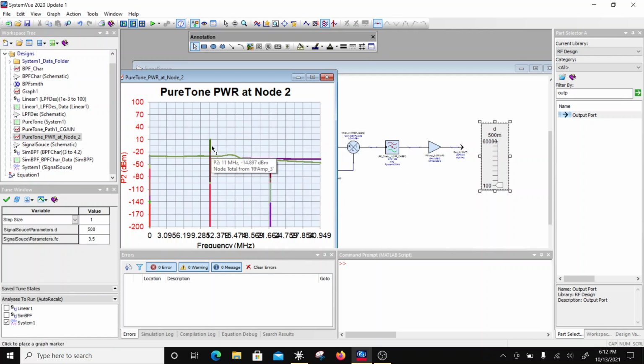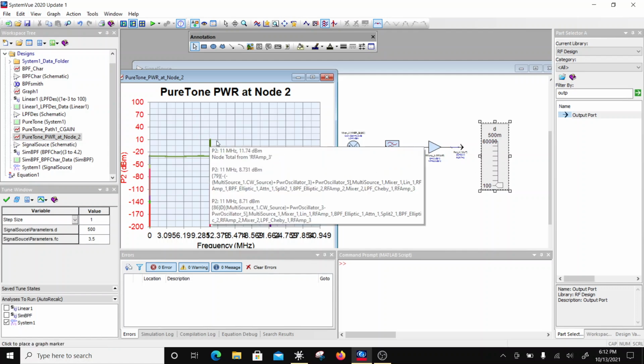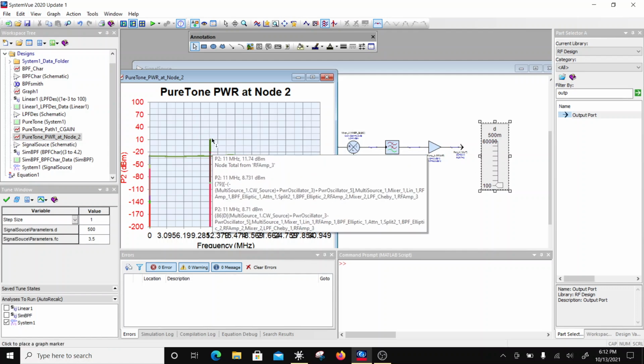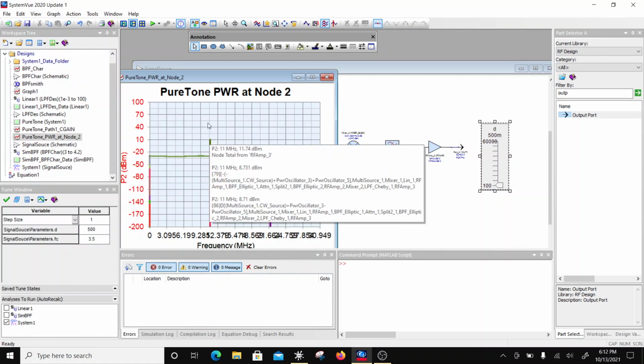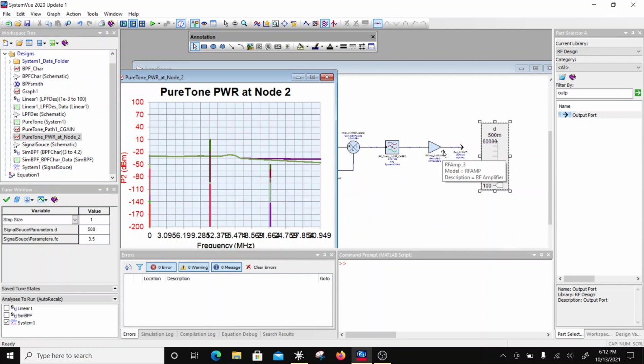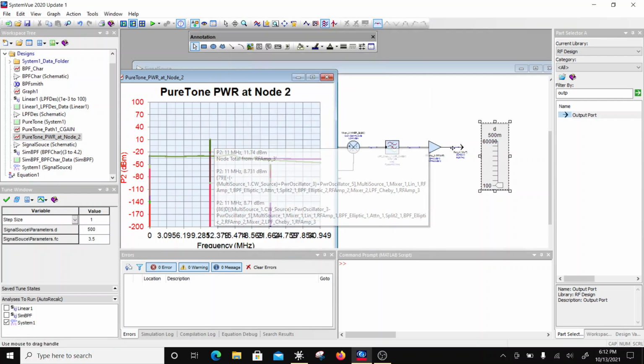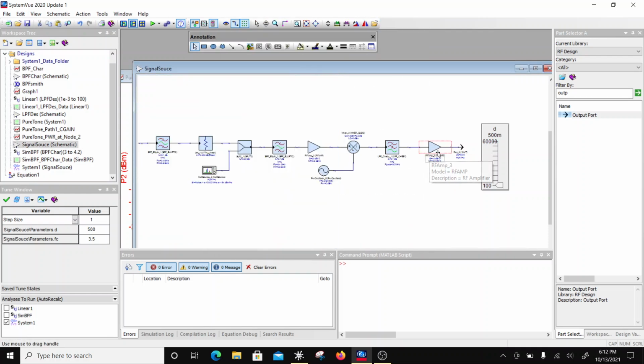So at this point, which is 500 meters, my receiver is going to have a full swing across the supply, right? So beyond this, the receiver is going to saturate out. So if I have to go beyond 500 meters, I will have to put a variable gain on this stage.